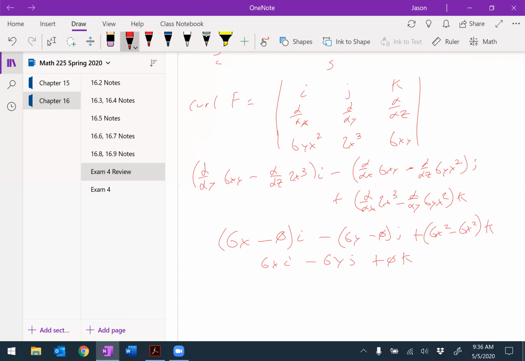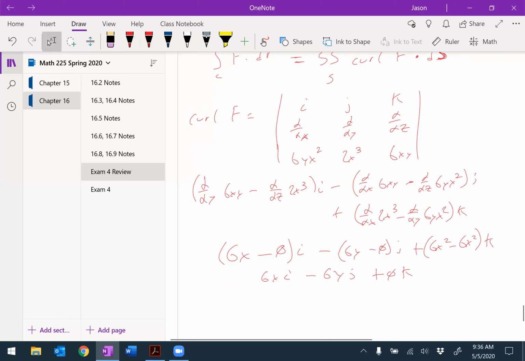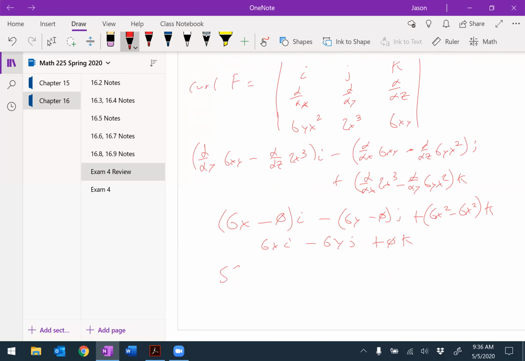Okay, nice. Now, how are we going to do this guy, the curl of f dot ds? We found the curl of this guy, which is kind of a nice function.